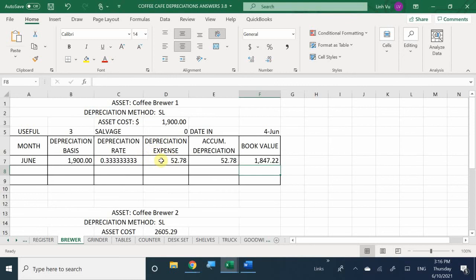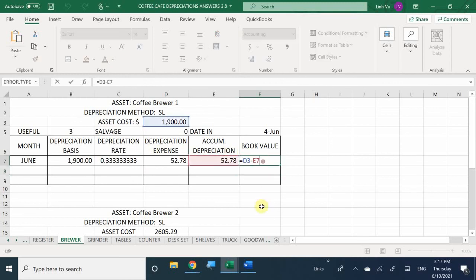Because this is an annual rate, this is how much you're going to calculate per year. I don't want per year, I want per month, so you do need to divide it by an extra 12 months so that you can calculate the amount every single month to be $52.78. How did you get the 1847.22?